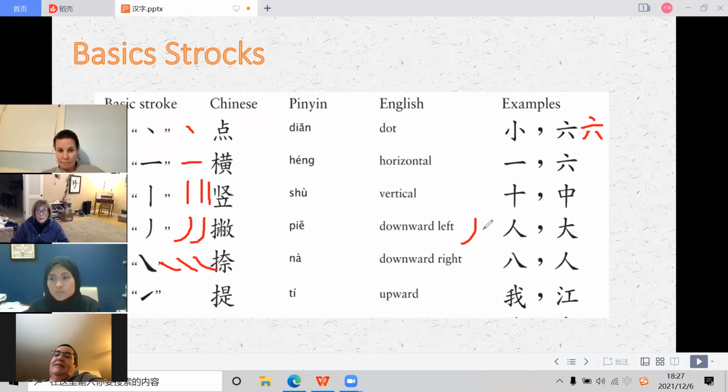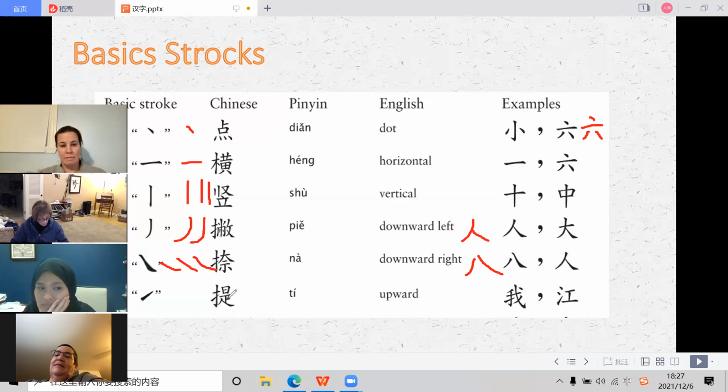So 撇 and 捺 combine to make 人. Oh, it's so ugly. 人 is composed of 撇 and 捺, and 八 is also 撇 and 捺.